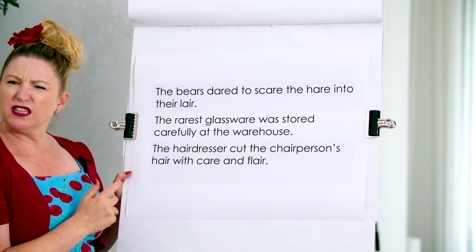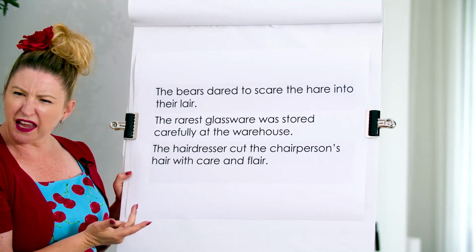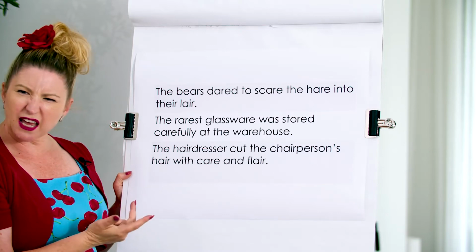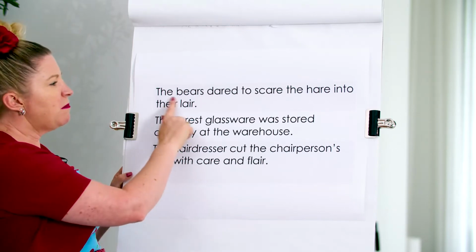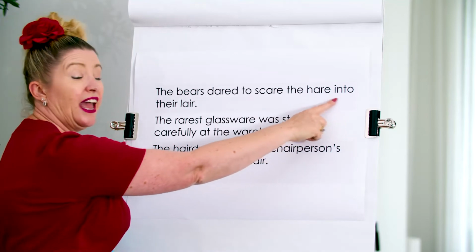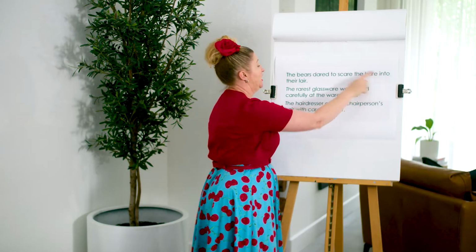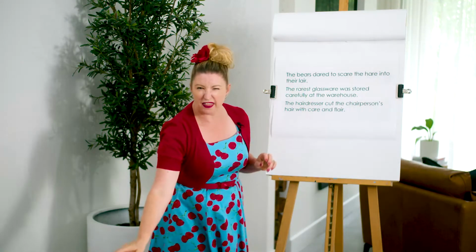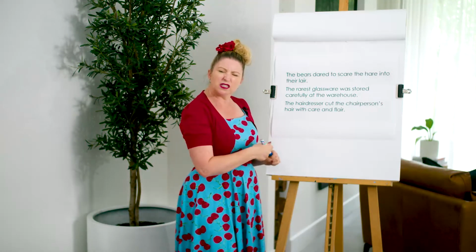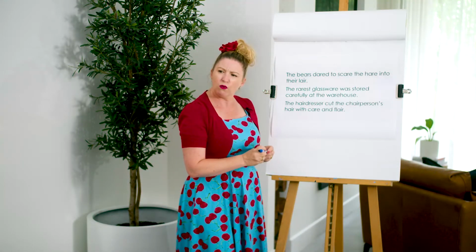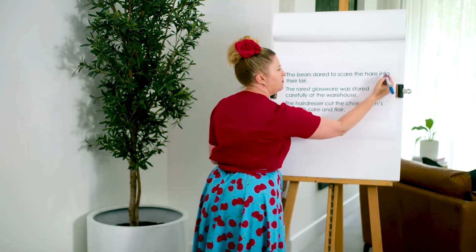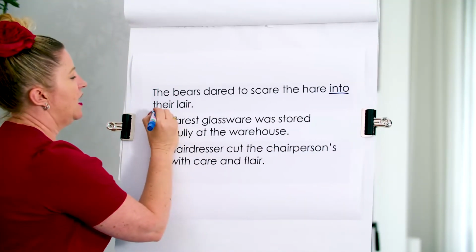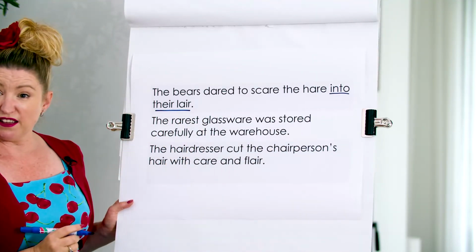Where did they dare to scare the hare? The bears dared to scare the hare into their lair. Let's underline that. That's the bit that tells us about the verb. Where? Where did they dare to scare the hare? They dared to scare the hare into their lair.